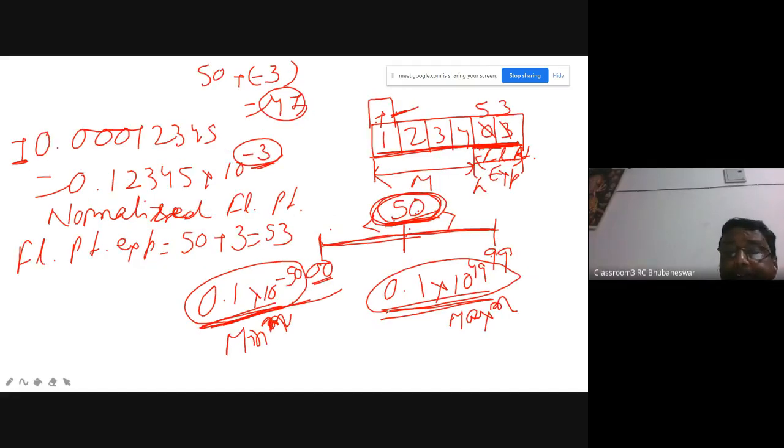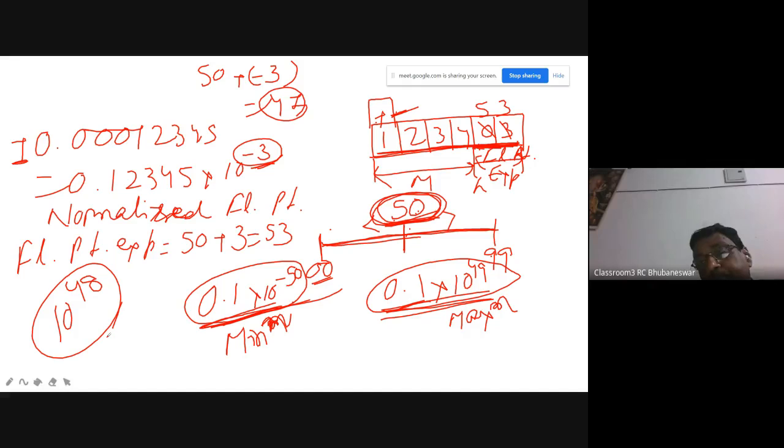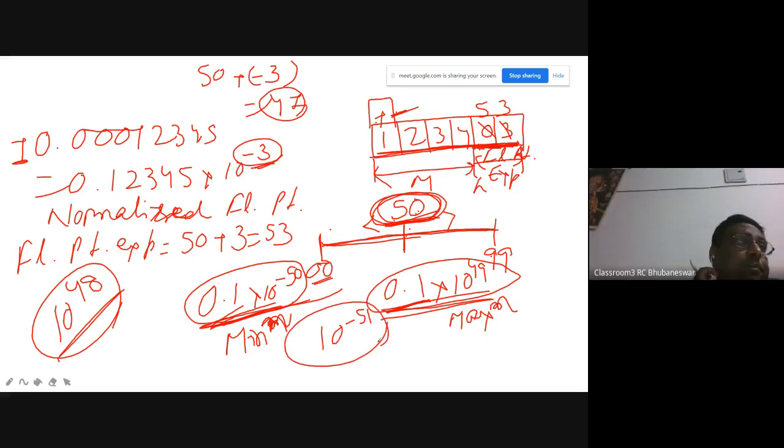If you suppress this one, this will be coming up as 10 to the power 48. Am I right? If you suppress this 0.1, we'll get 10 to the power minus 51. But in case of floating point arithmetic, we cannot suppress because it should always be represented in the form of mantissa and exponent. Understand?